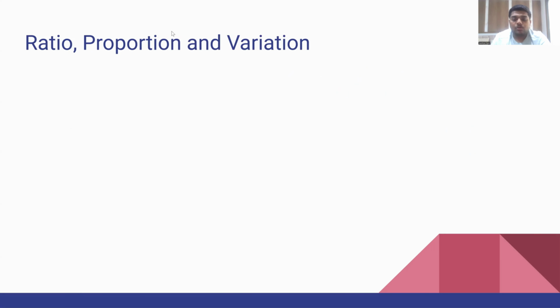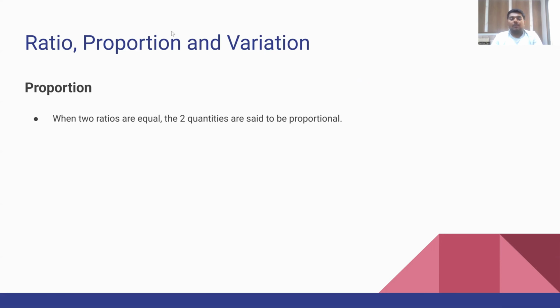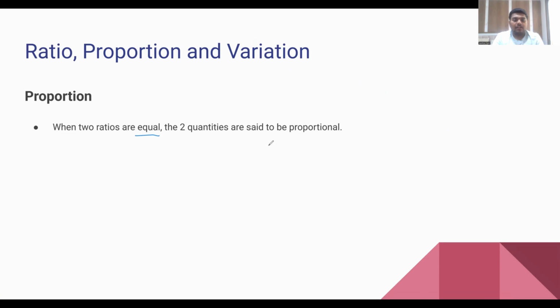And now we will look at the topic of proportion. So proportion means in how much quantity two things are present in a mixture. For example, when two ratios are equal, two quantities are said to be proportional.